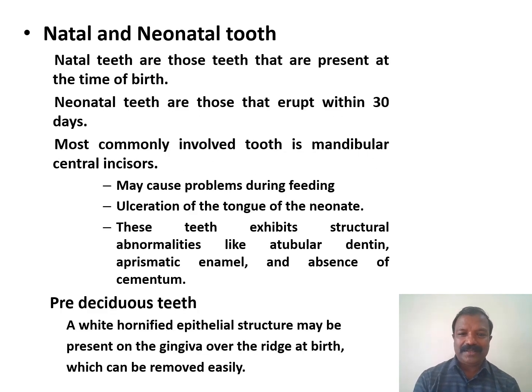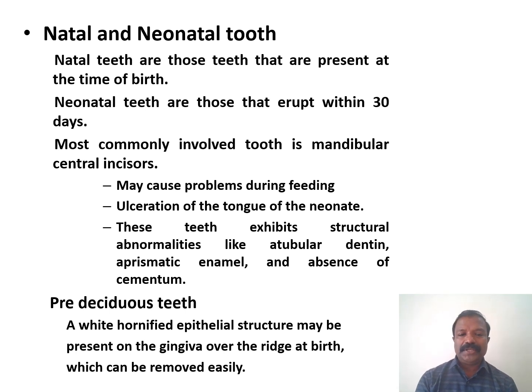Natal and neonatal teeth. Natal teeth are those teeth that are present at the time of birth. Neonatal teeth are those teeth that erupt within 30 days. Most commonly involved tooth is the mandibular central incisor, and they may cause problems during feeding, ulceration of the tongue of the neonate, and these teeth also exhibit certain structural abnormalities like atubular dentin, aprismatic enamel, and absence of cementum.